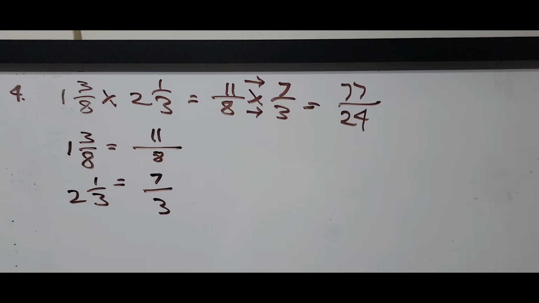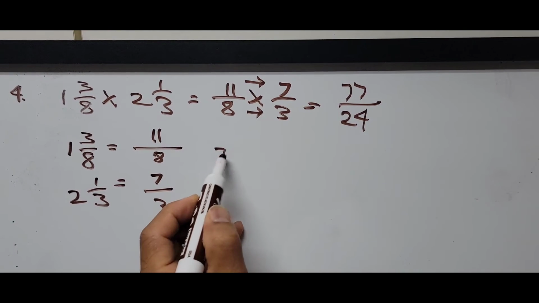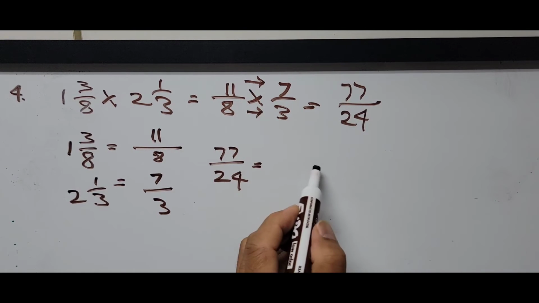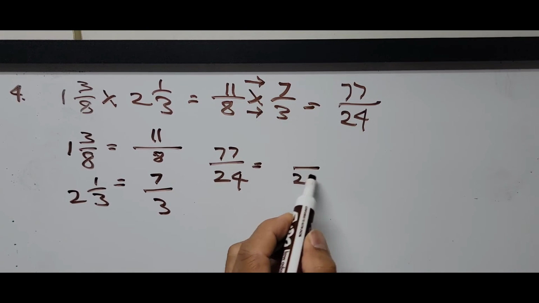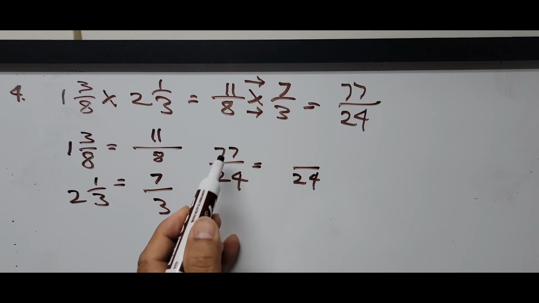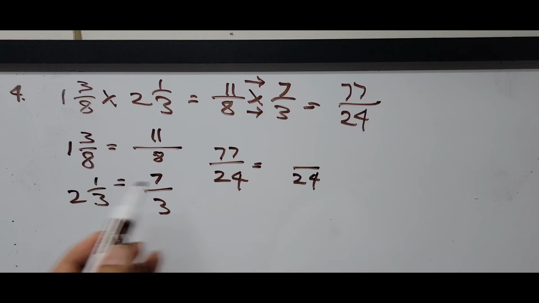So how to convert? Let's do that again over here. 77 over 24. Now, we just copy the denominator over here. Okay. How many 24s can you get out of 77? If you think, say, 2 24s, okay, we'll do that.